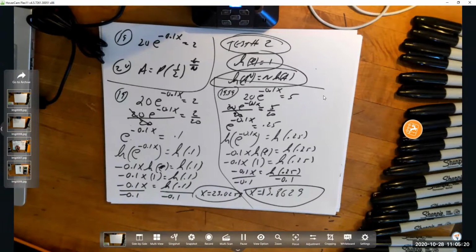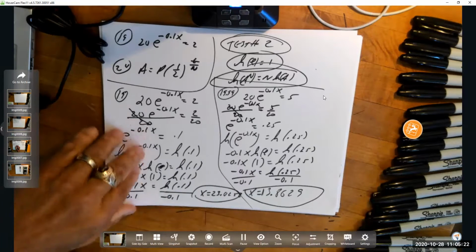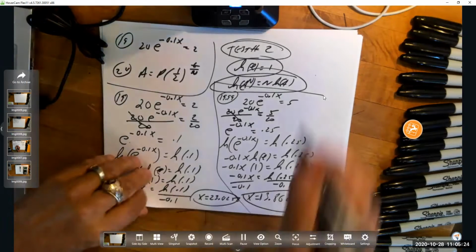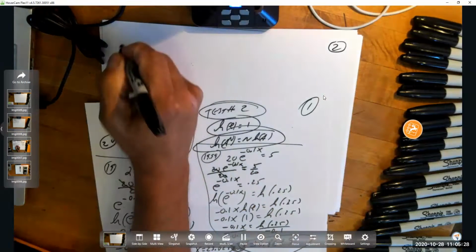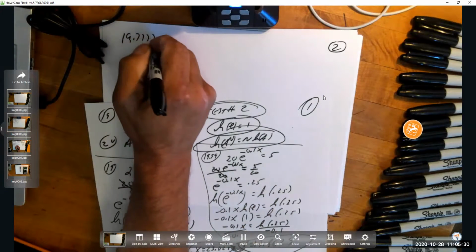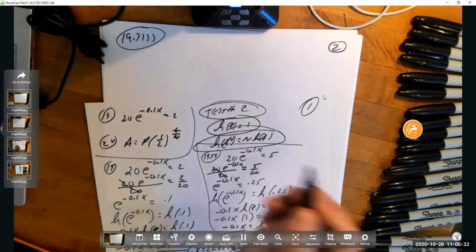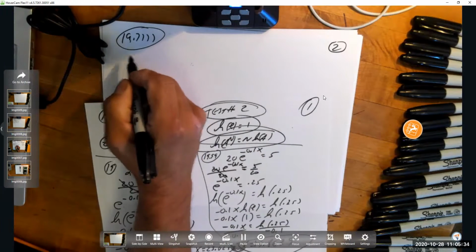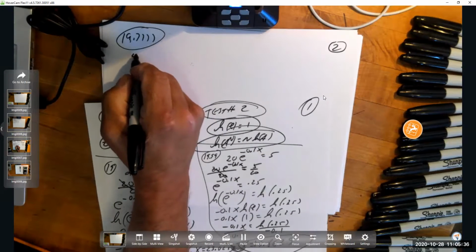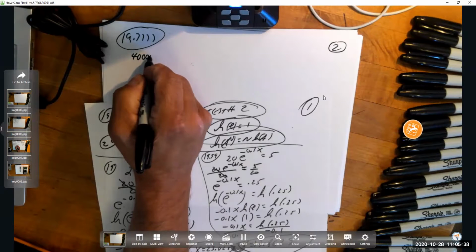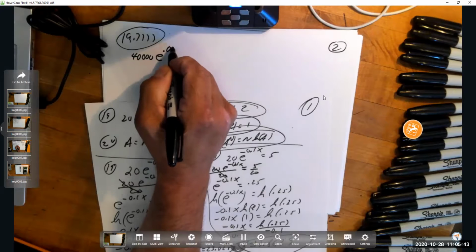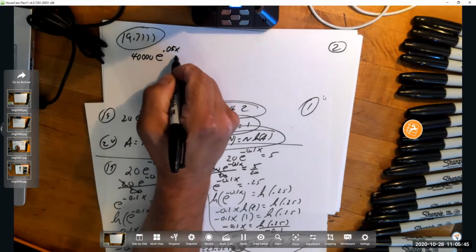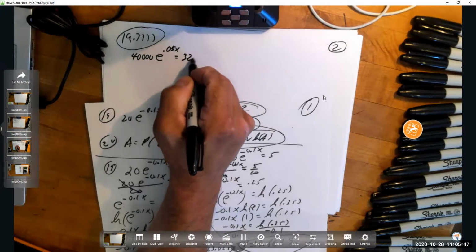All right, so let me change the number. I gotta do it one more time, just to make sure that you know how to do this. Page number 2, number 19. I'm gonna say, let's say 40,000 e to the 0.05x equals 320,000.